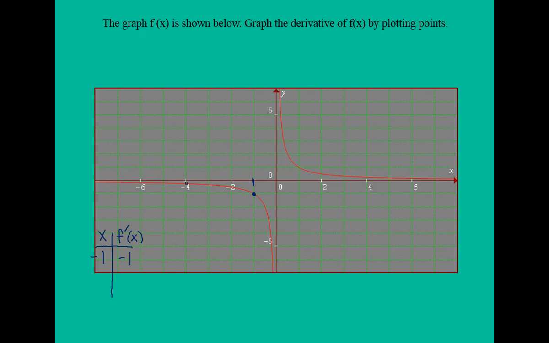If we looked at the slope of the tangent line out here at -4, we said the slope of that tangent line, it is still negative, but it's a very small negative number.